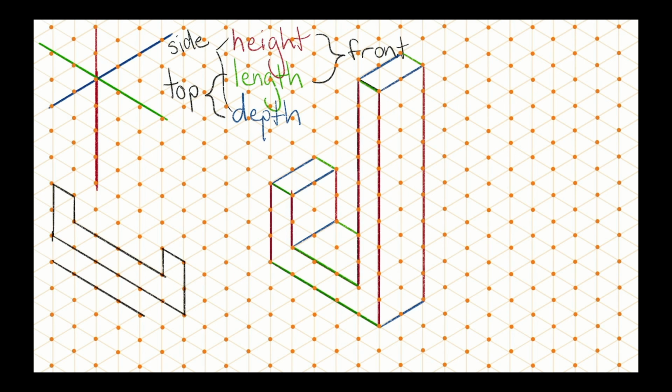So that's how you would count this. I go back 2, go over 1, go back 2, go down 1, go back 2, go back 2, go back 2, go down 2, go back 2, go over 1, and go over until I hit the edge. So that is just an example of how you can count those dots.